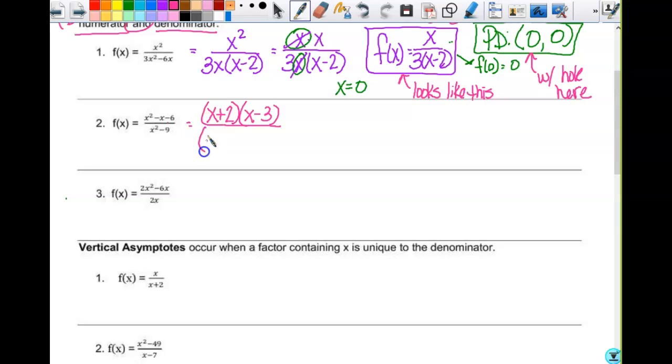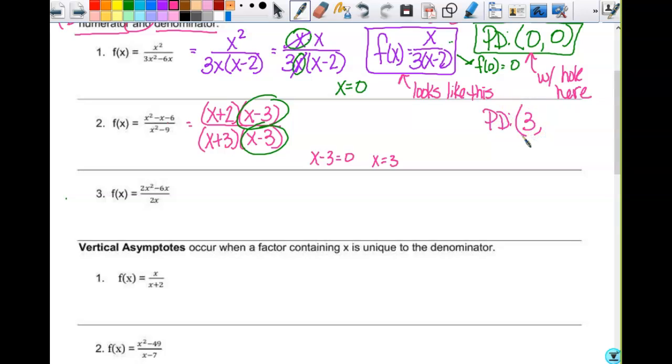So I can factor this. I get x plus 3 times x minus 3. Right, so I have this factor here that they have in common. So I set x minus 3 equal to 0, which you don't necessarily literally have to write down because I know you can figure that out. So that means that x equals 3. So for my point discontinuity, my x value is 3.